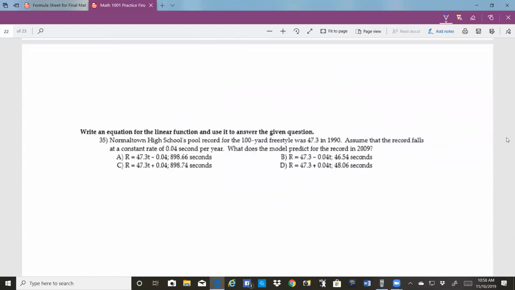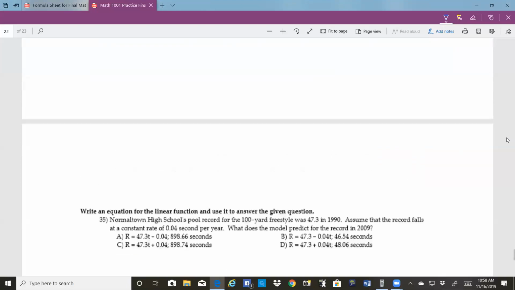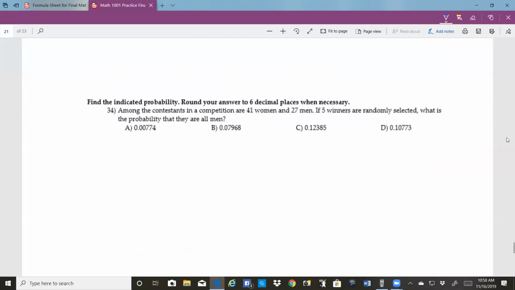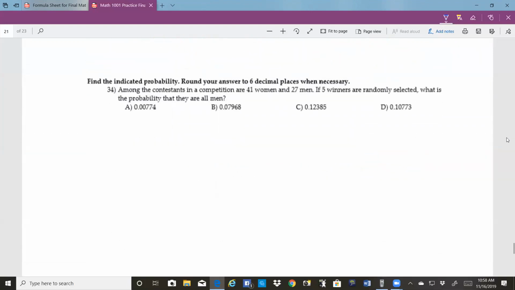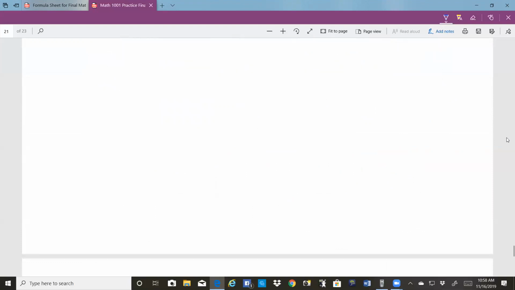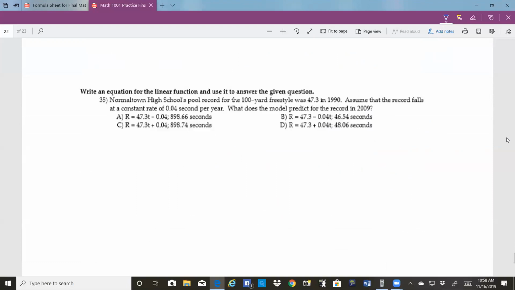And the 35th, just ignore the fact that I put the 34 down twice here. I think in the one that's on the website, it just has 34 once. Number 35 is a linear function.